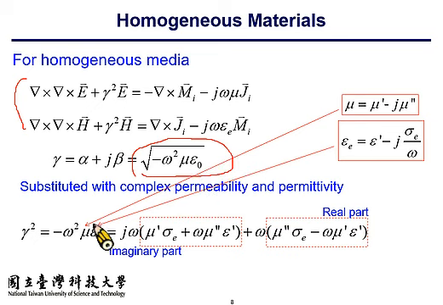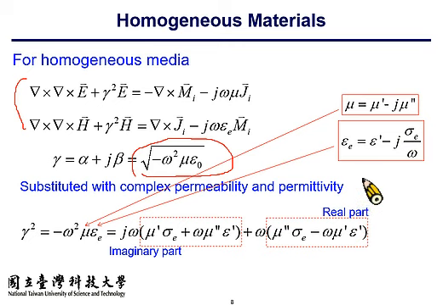Now, let's substitute the complex permeability and complex permittivity into the representation of the propagation constant. So we substitute mu with mu prime minus j mu double prime, and epsilon e with epsilon prime minus j sigma e over omega.